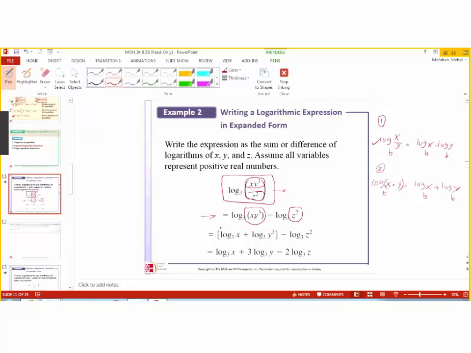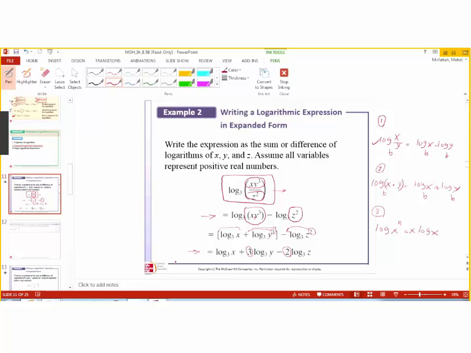That's why we write log of x plus log of y cubed with the same base 3. And if I have log of x to the power of n, I can move that n right in front. So this 2 here can go right in front, 2 log of z, and this 3 can go right in front, 3 log of y, and just log of x.